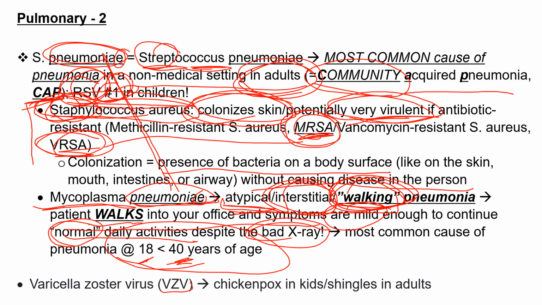Another virus, VZV, varicella zoster virus, normally causes chickenpox in kids. In the worst case scenario, it may progress past fever and rash to pneumonia. And after kids recover, varicella zoster virus lies dormant in their ganglia and reactivates if the patient's immunity drops when they get older and presents as a rash in the distribution of that nerve, and you've studied this in your anatomy class.